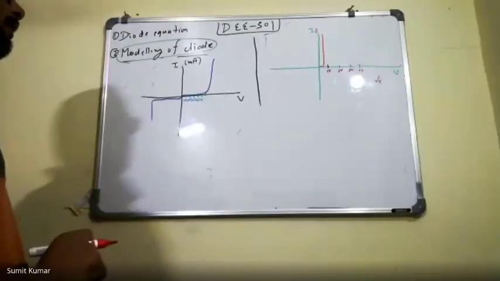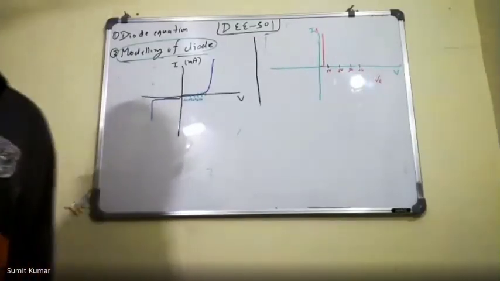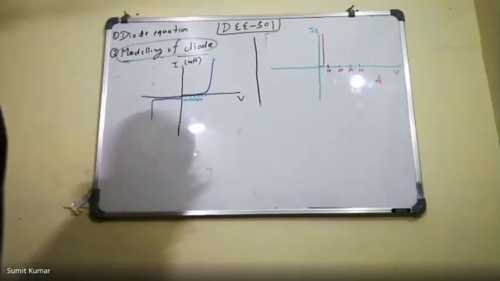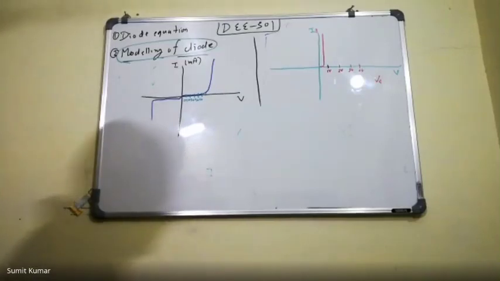Okay. Now we will start the modeling. So before going to the modeling, there are two conclusions which are very necessary regarding the diode, and let me write those conclusions.